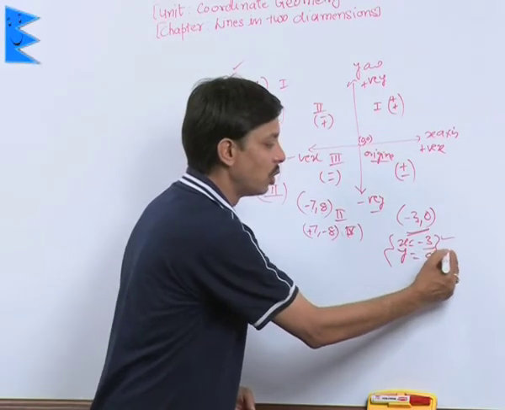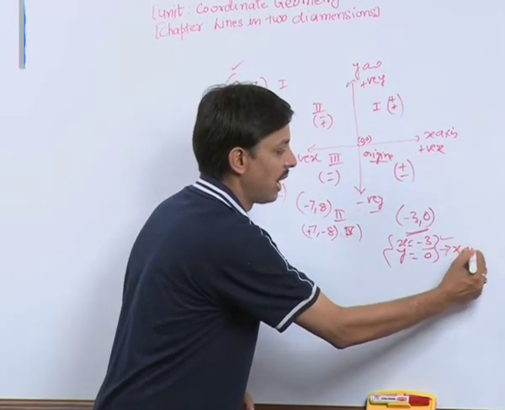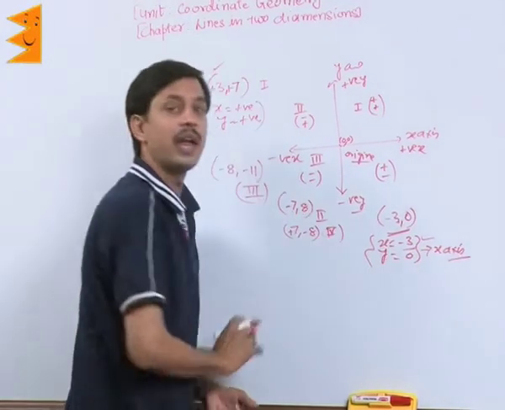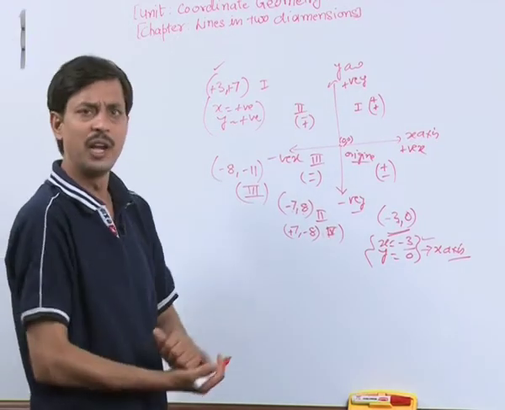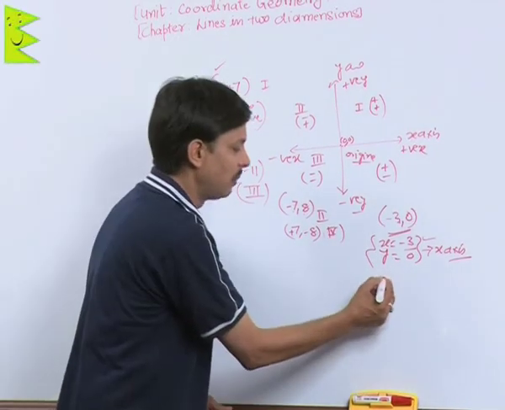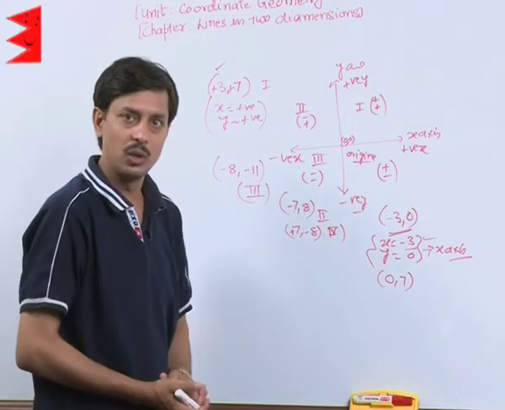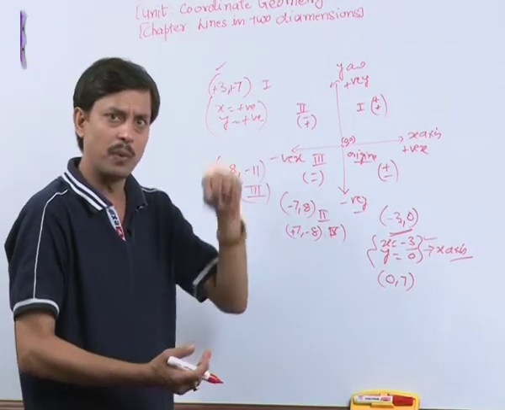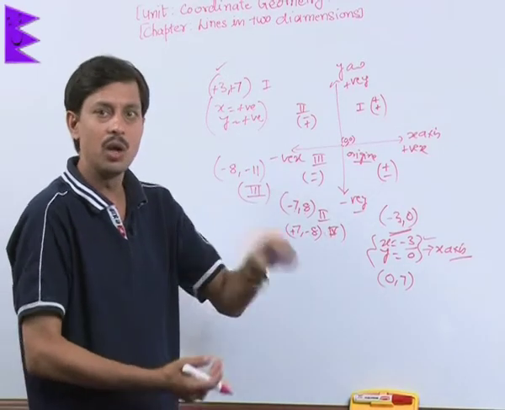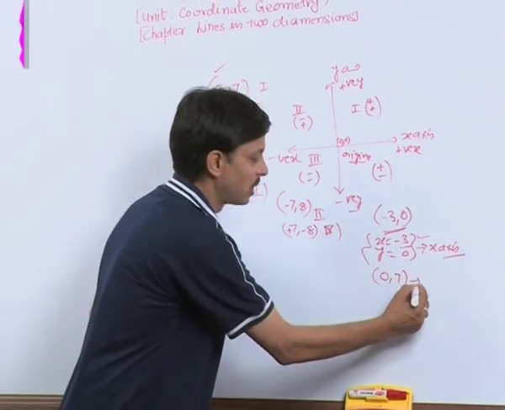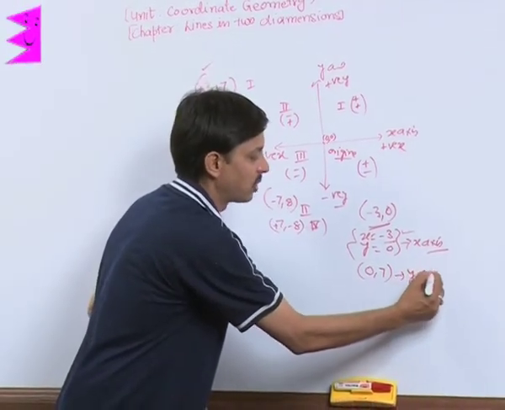Here y is 0, so this lies on the x-axis, on the negative side. Similarly, one more problem: 0, 7. Here x is 0. If x is 0, then the point has to lie on the y-axis. So 0, 7 lies on the y-axis.